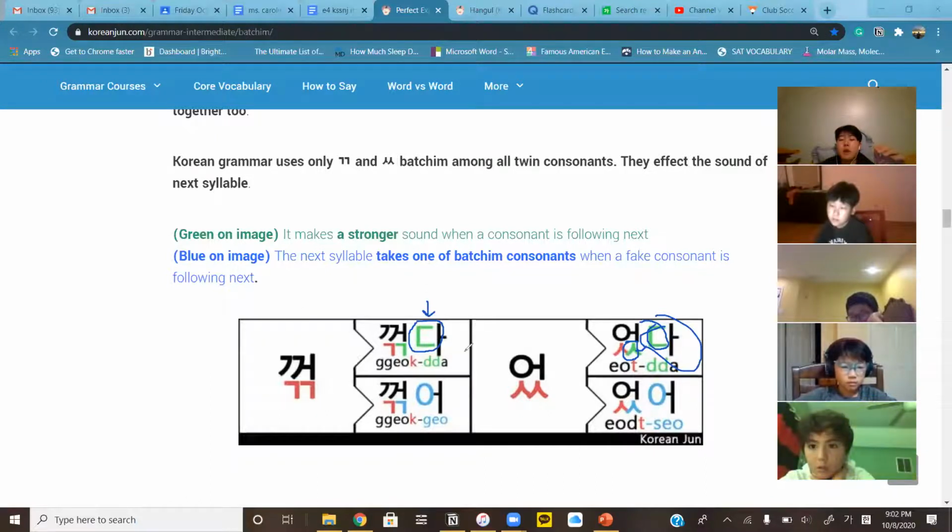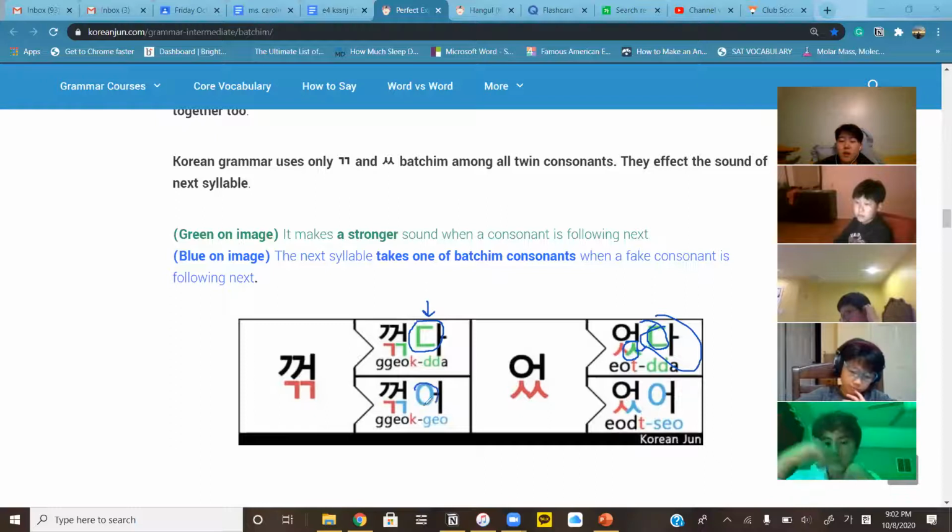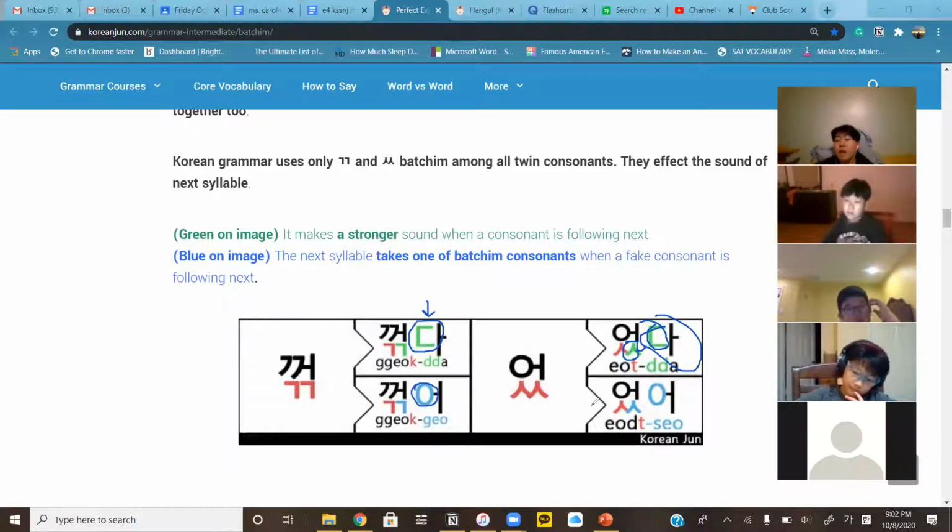The blue is a little different because this ieung right here is a fake consonant. When we say fake consonants, it means we don't really consider it. So what does that tell me? If I have a ssanggiyeok, that means I have two giyeoks right here, and one of them is going to be the next sound for this one.